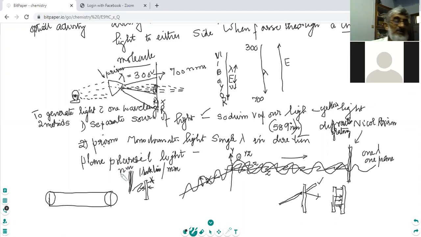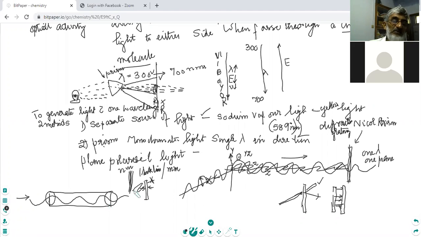Now let me give a typical example. The light is passing through this. This is the situation when you have a long tube in which you have placed pure water and you allow the light wave to enter through this.